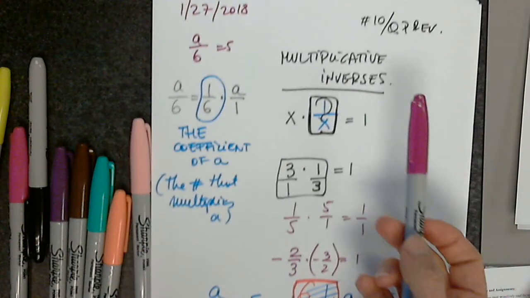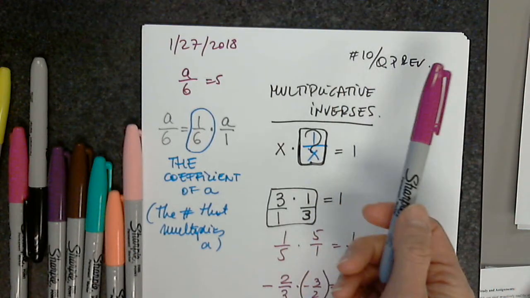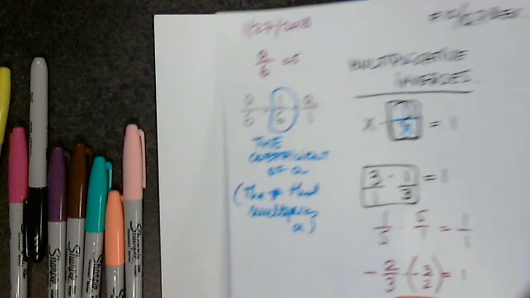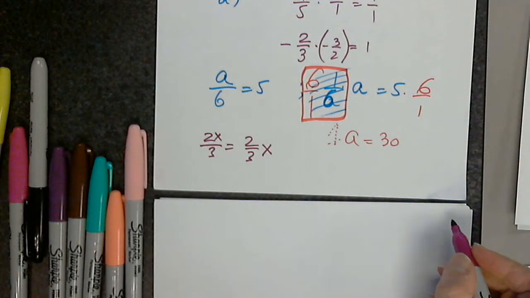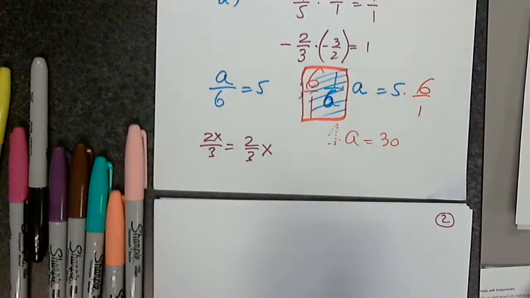Okay, so we are back to problem 10 from the quiz preview. What were you trying to do? Okay, so we have negative 14 minus 2 squared over negative 6 times negative 2.